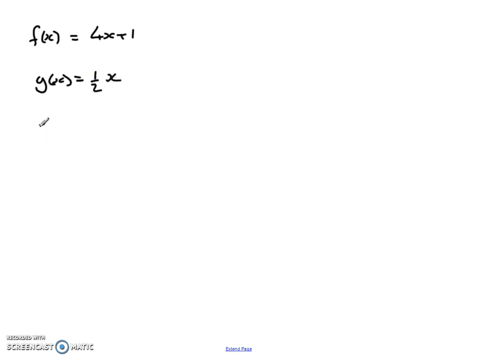What I want to know is what the value of h of x is at x equal to 8. So i.e. I want to know what h of 8 is. But I'm going to tell you here that h of x equals f of g of x. So h of x is given by me composing the two functions together, f of g of x.